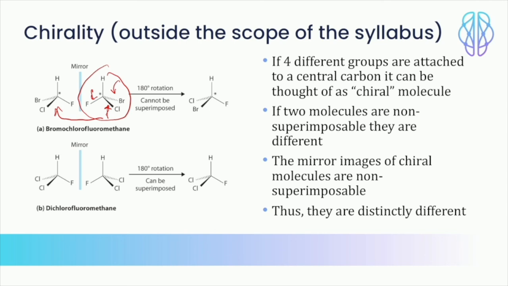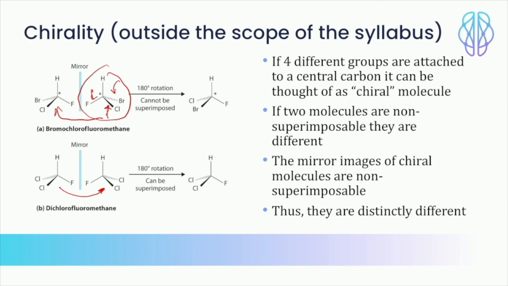If you look at the second example, it's got two of the same group. So two chlorine groups and one fluorine and one hydrogen. In the first example, all four are different. Now, if we look at the mirror image, right? So fluorine flips to the other side, chlorines come over.